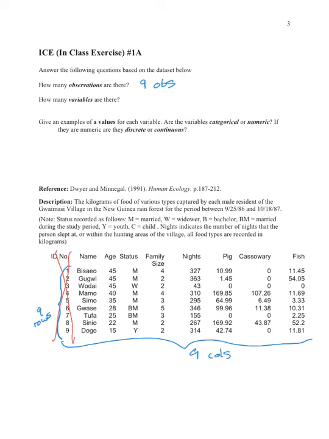ID number and name are not things that we're going to analyze. They're just there to help keep track of the data. So that leaves us with a total of 7 variables. Status is the only categorical variable.